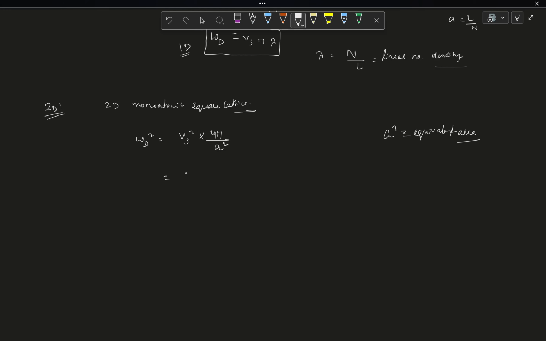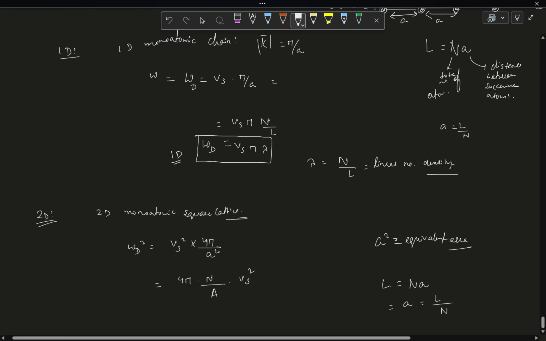So this you can write down as 4 pi into N by A into Vs squared. Similarly, like you had L equal to NA, so that you had to write A equal to L by N, or then 1 by A had become N by L, right?